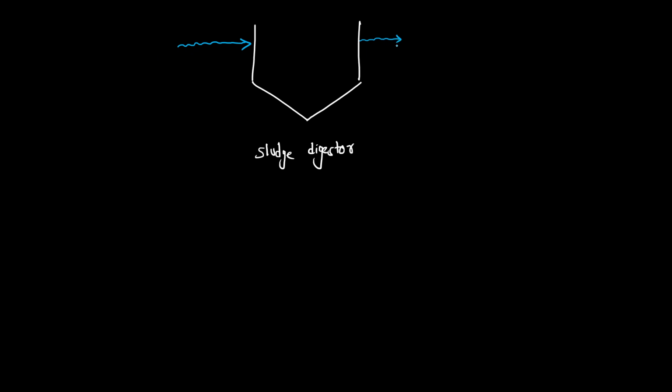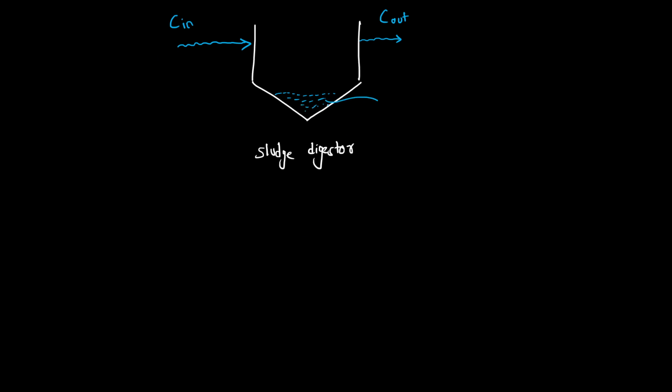and after the digestion a certain amount of sewage goes outside. Let's say the concentration of sewage coming inside is C in, and the concentration of sewage going out is C out. Now obviously a certain amount of sewage will be digested in this.